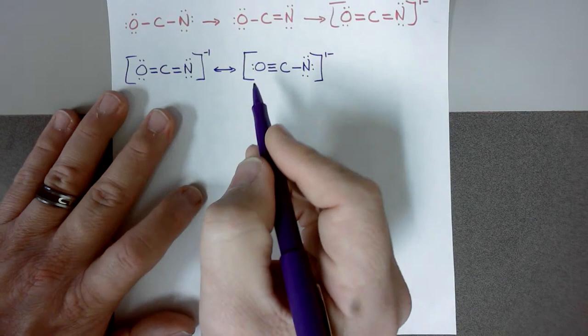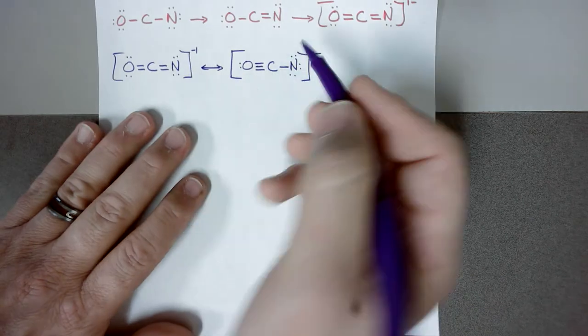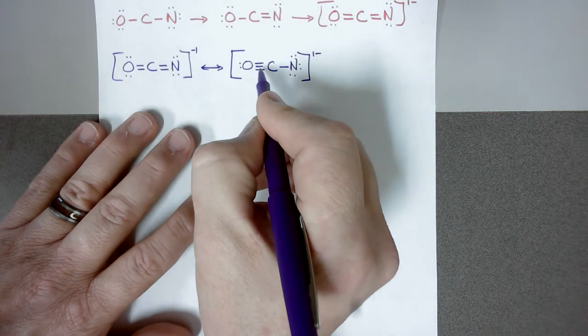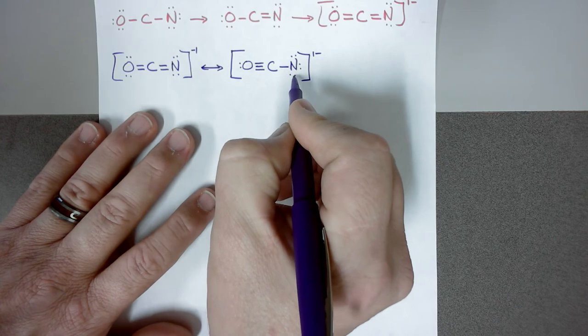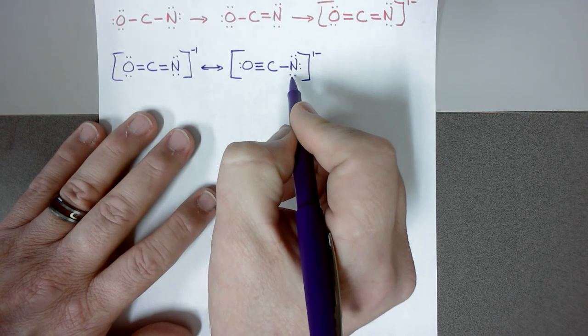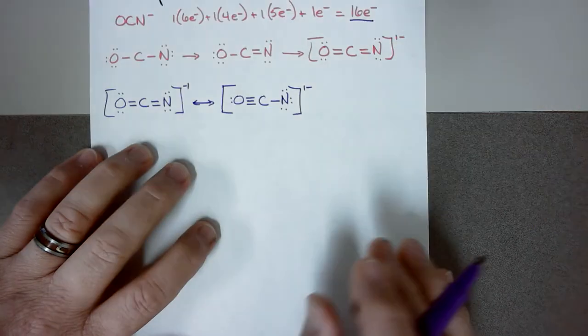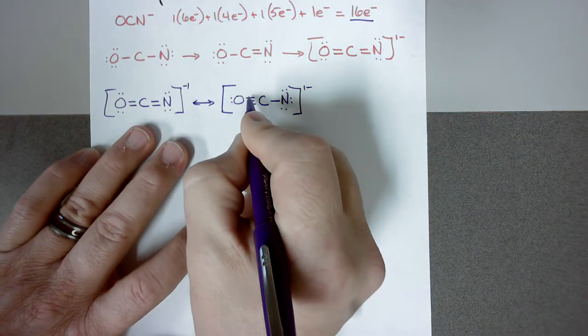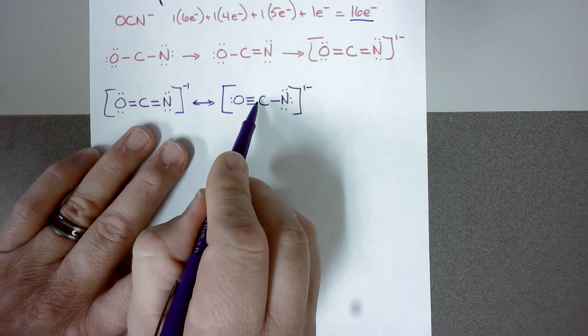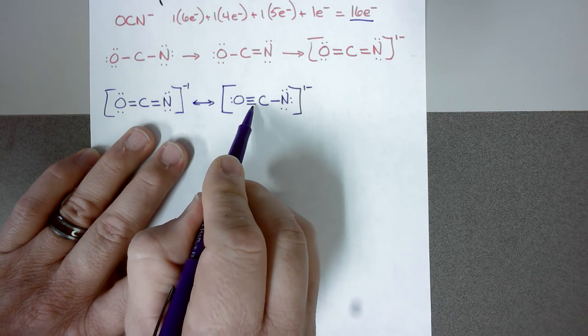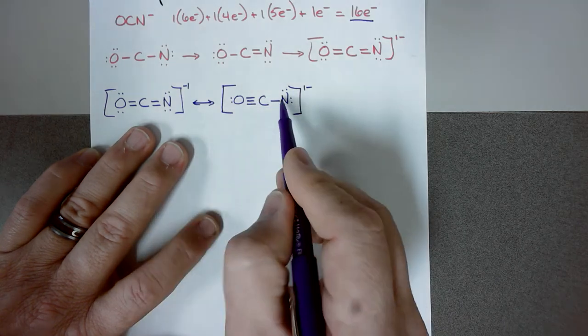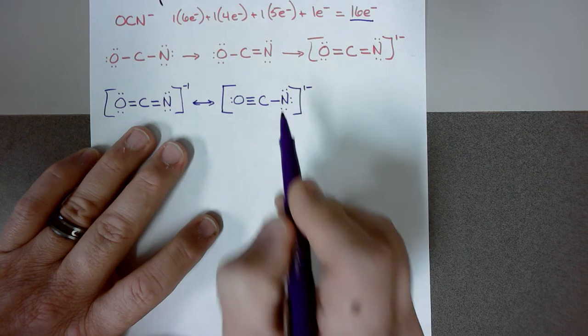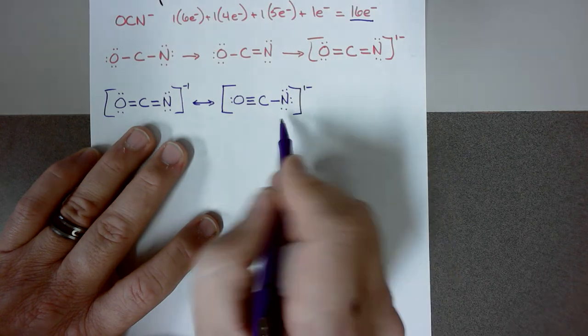Now let's make sure that it is a valid structure. 2, 4, 6, 8, 10, 12, 14, 16 electrons. Those are the 16 from here. Then we have 2, 4, 6, 8 for the oxygen, 2, 4, 6, 8 for the carbon, and 2, 4, 6, 8 for the nitrogen. So it is valid.